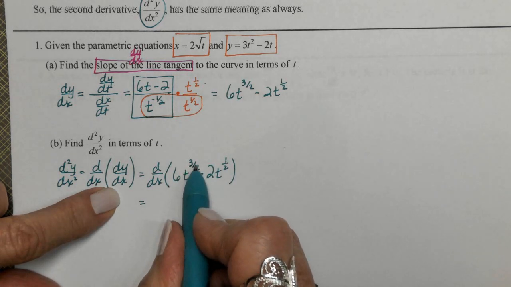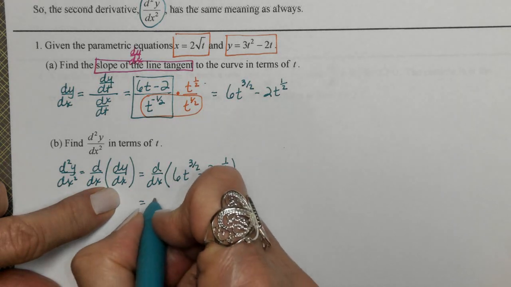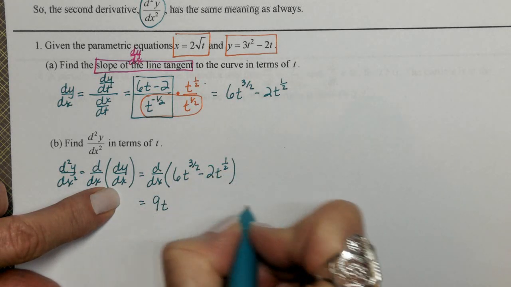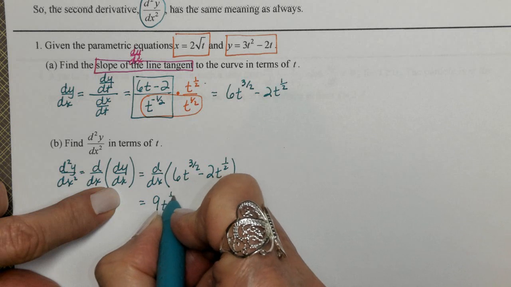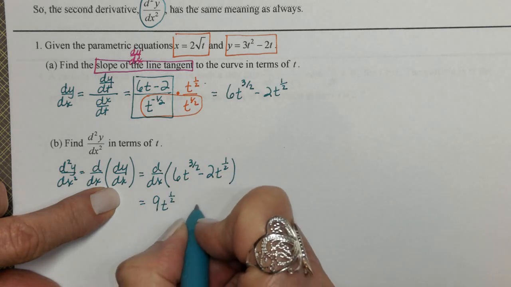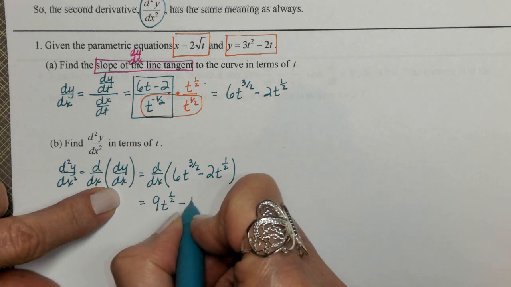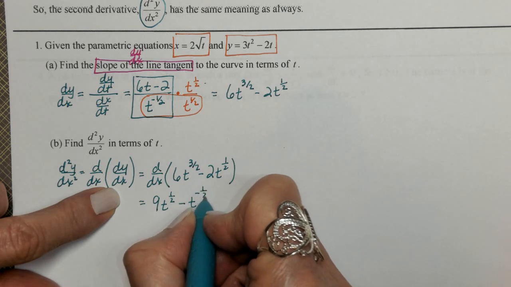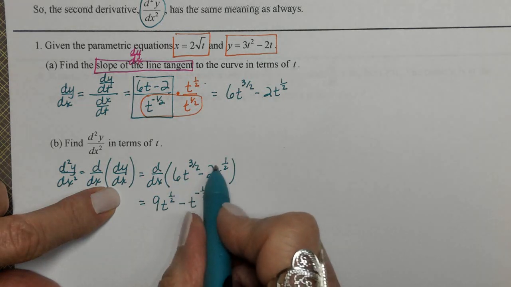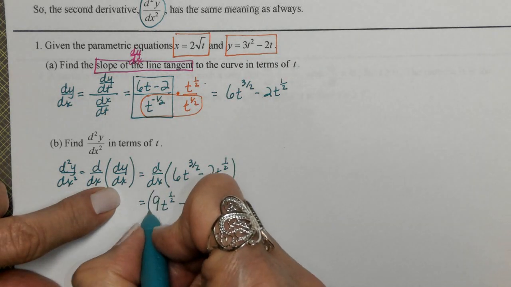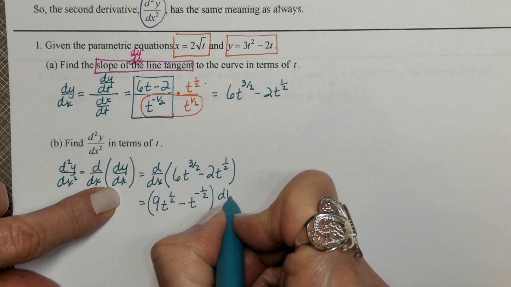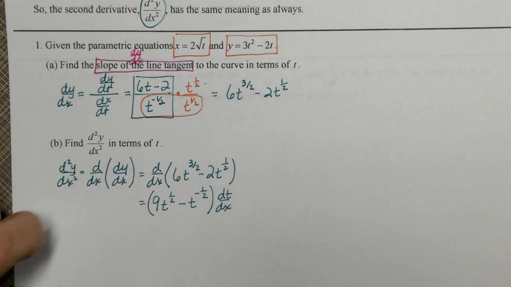Little power rule here, 3/2 times 6 is 9, t to the, reduce the power by 1, 1/2, minus 1/2 times 2 is 1, t to the, decrease the power by 1, negative 1/2. That's the derivative with respect to t, and now we multiply by dt/dx.